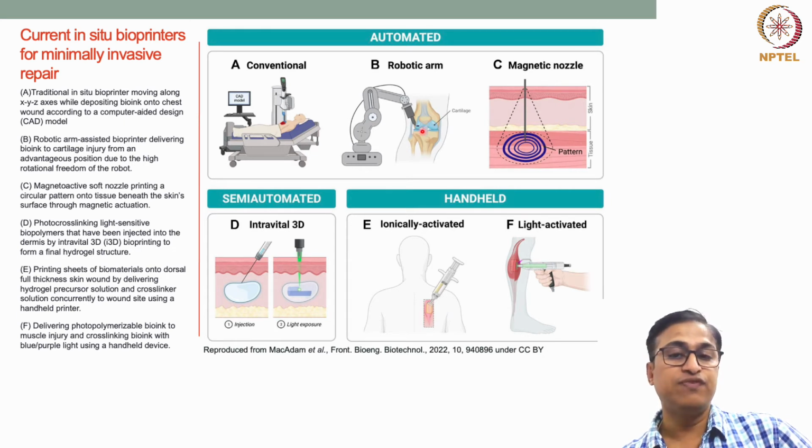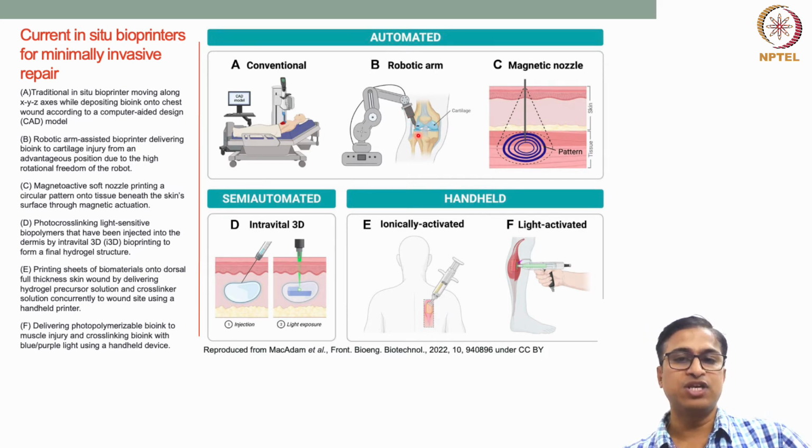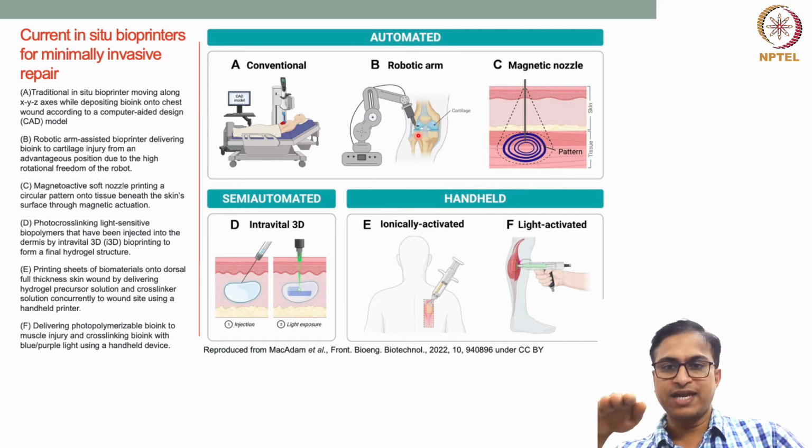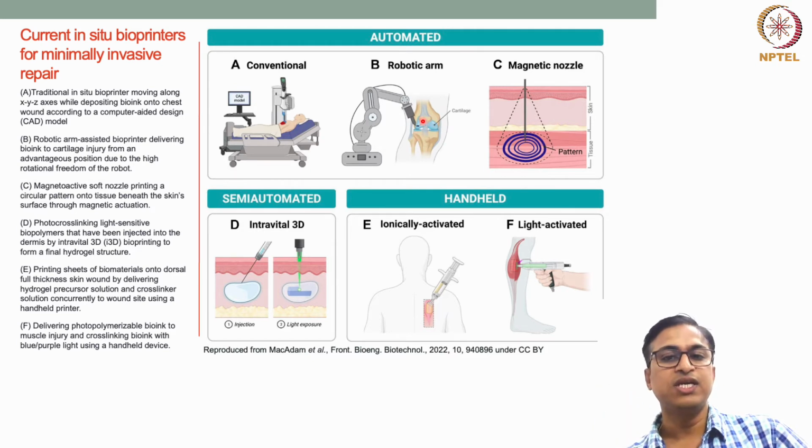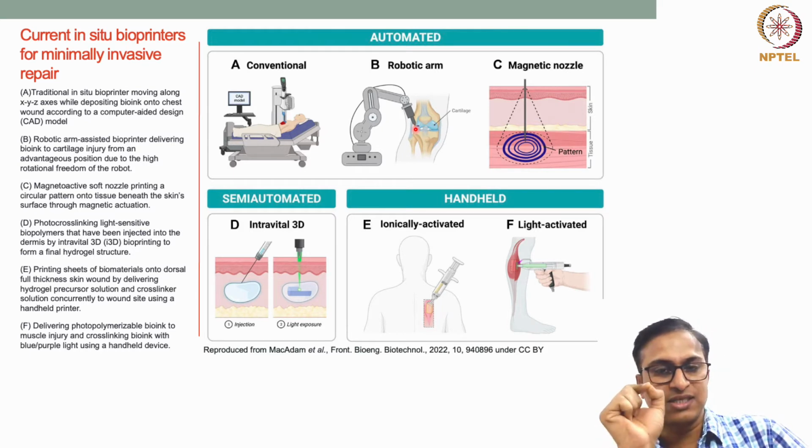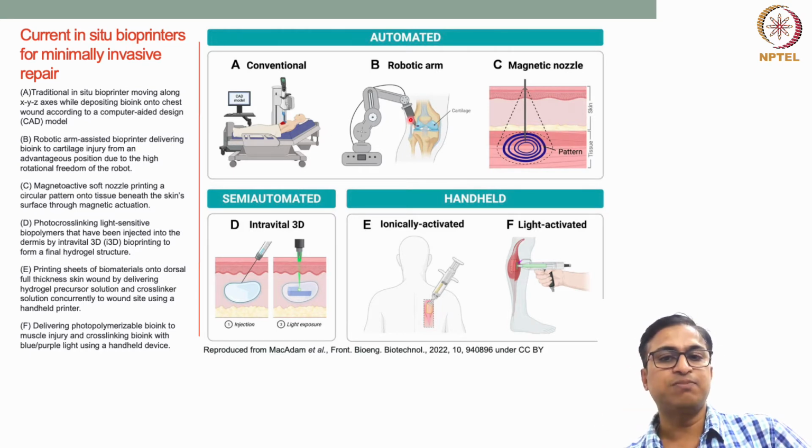within that defect. Now this definitely has advantages, because this robotic arm can actually position the bioink. If a small surgical cut can be made, the printhead can go into that location and print the structure within it, because this robotic arm has a high degree of freedom.